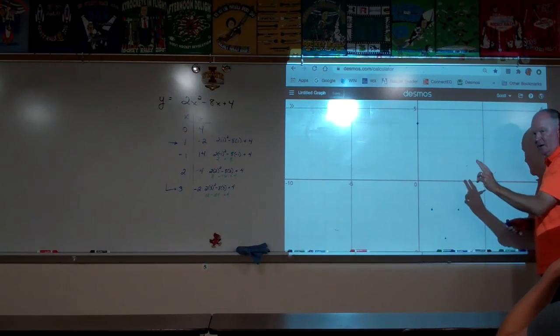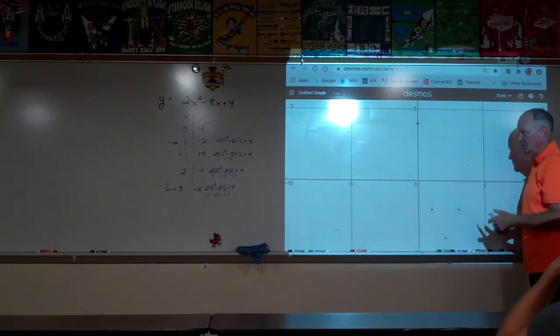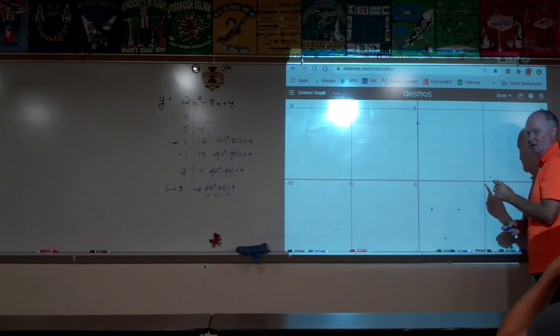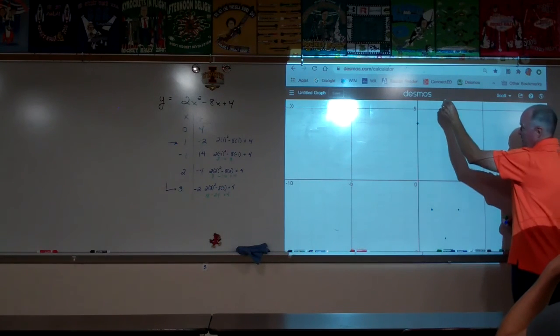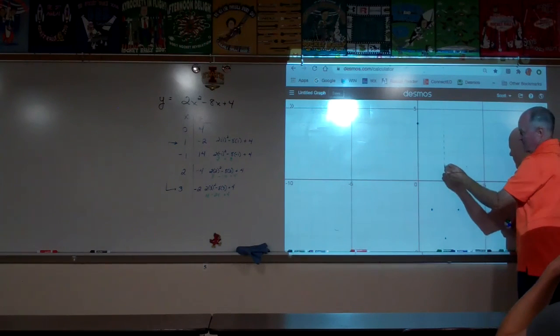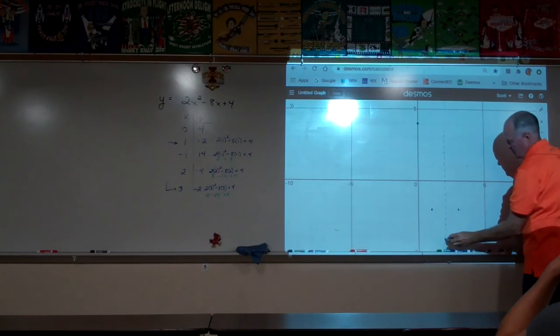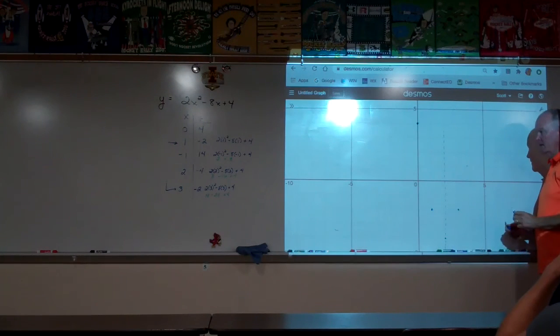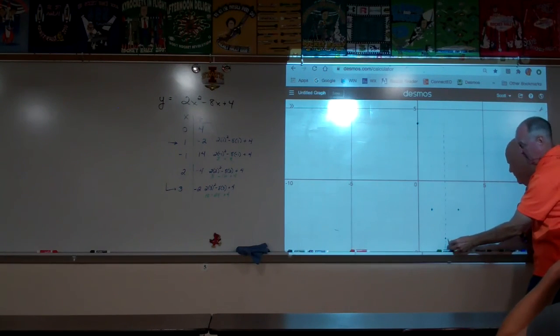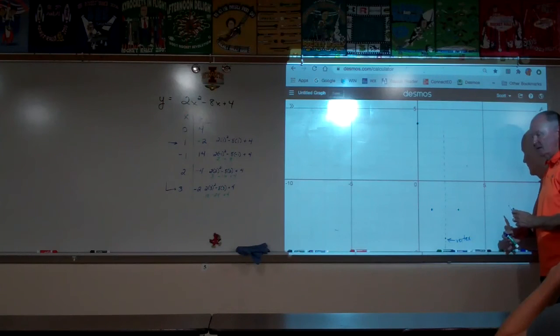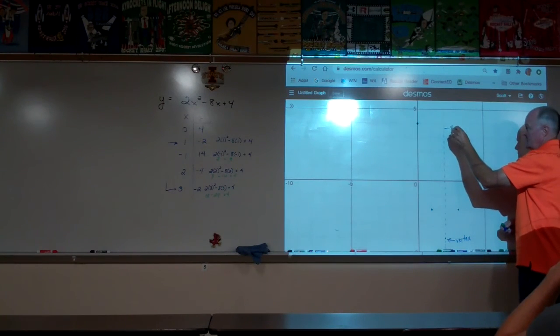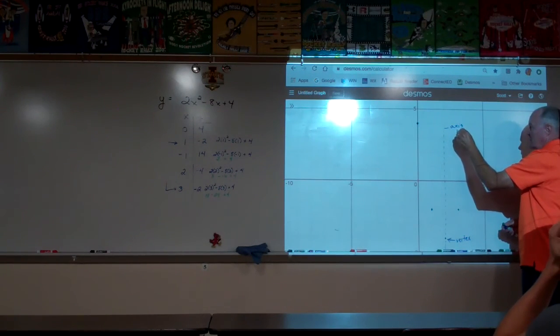Remember the parabola is nice and symmetric? Anybody remember the name of that line? There's one thing that goes right down the middle. No, the vertex is actually hopefully the bottom, which is right there. That's the vertex. This is called the axis of symmetry.